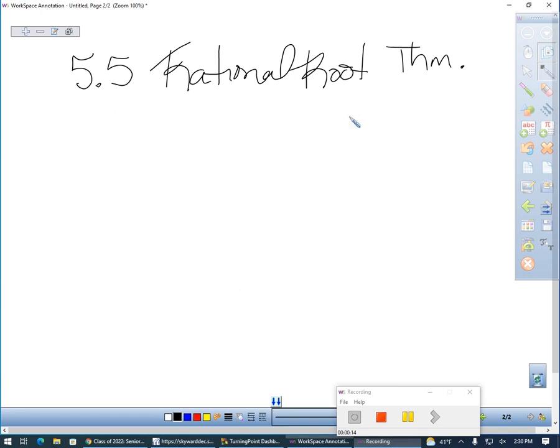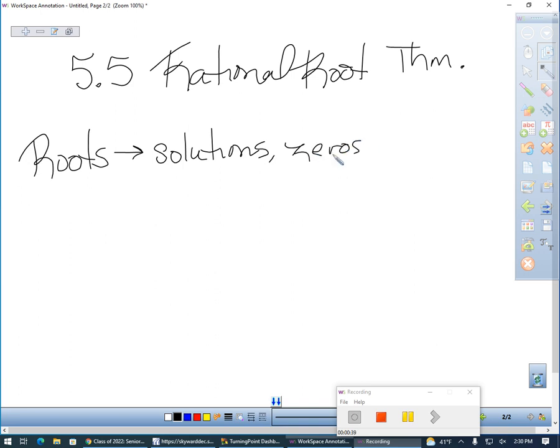First of all, though, we have to understand what that all means, right? When we say roots, roots are the foundation of your polynomials. Your roots are your solutions. They are your zeros, right? They all mean the same thing. They are your answers.